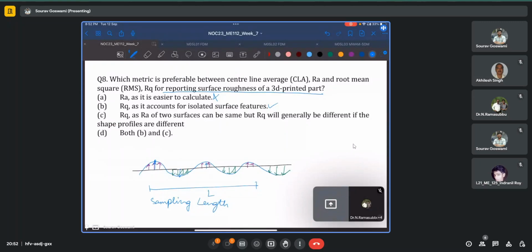One can be sinusoidal, another can be like a square wave, another can be a half triangle, another can be full triangles. And based on the height from the center line and the spacing between these features, it is possible that all of these four profiles will have the same RA.